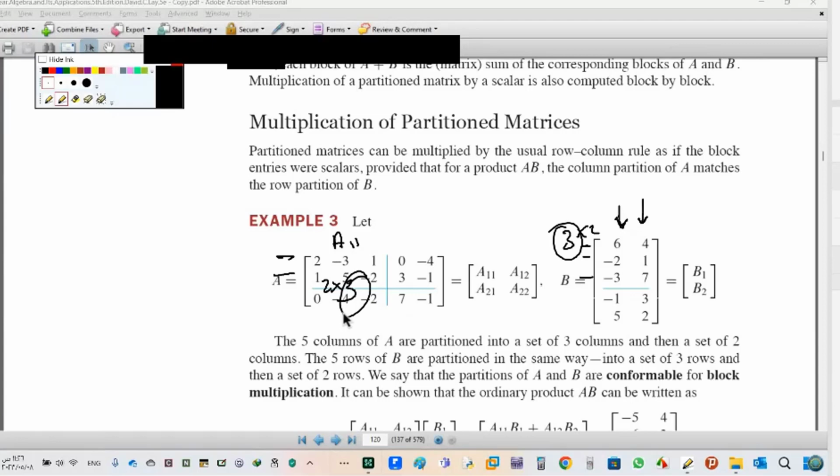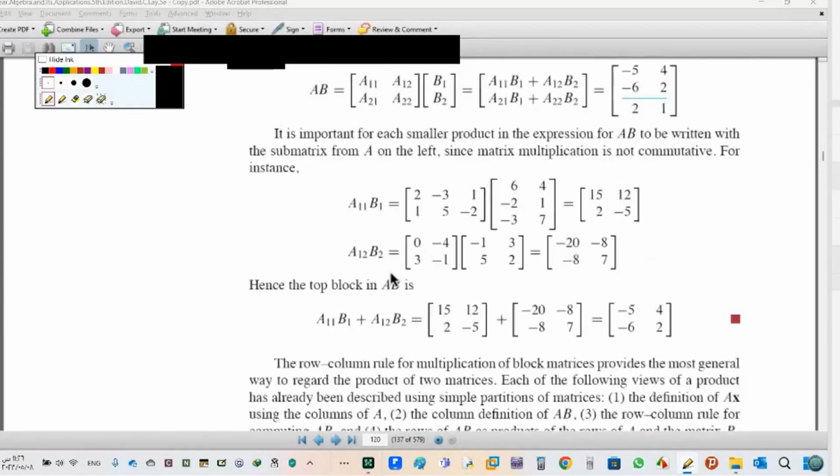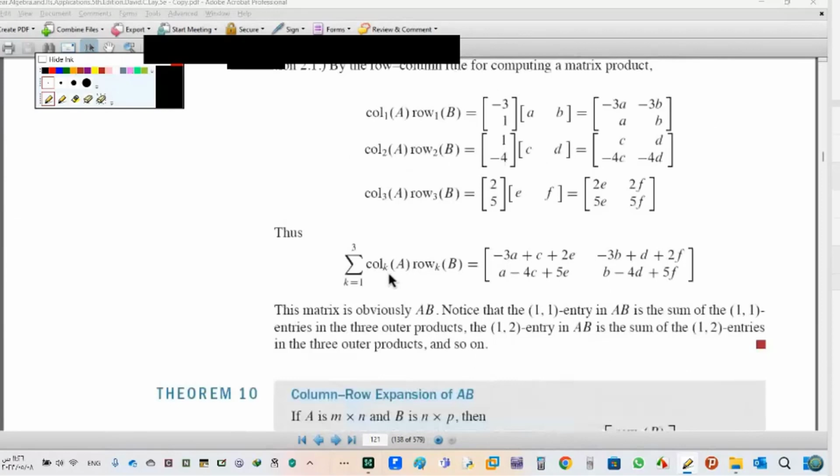We have a way to divide a matrix into small matrices that can be used to reduce the size, but we have a condition, and you have to know how to divide. For multiplication, you have to take into consideration the number of rows and columns. This is about partitioned matrices.